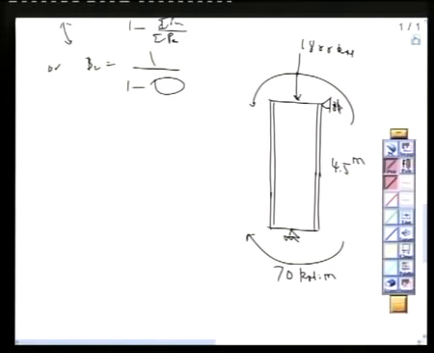And it is made of W12 by 120. W12 by 120, and beam column.